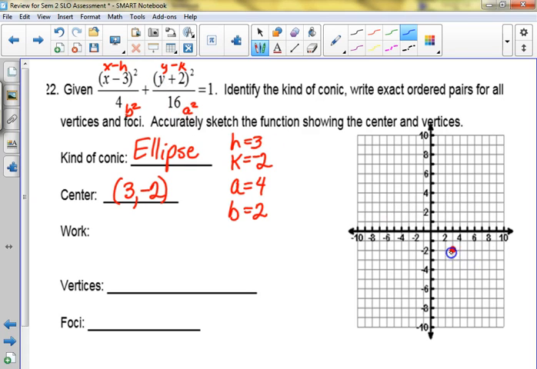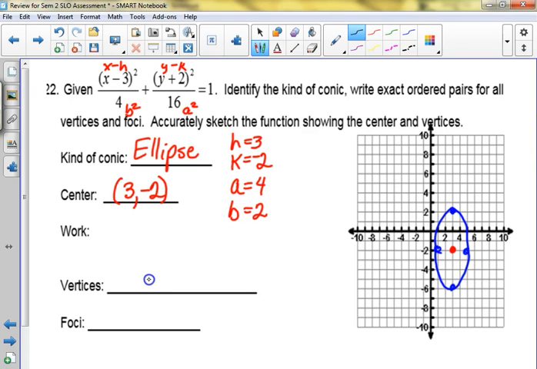So in the y direction, I go square root of 16, or 4. Good job, Andrew. And in the x direction, there was a 4 under here. Square root is 2 either way. And then I draw that. Ooh, that may be the best one in a while.